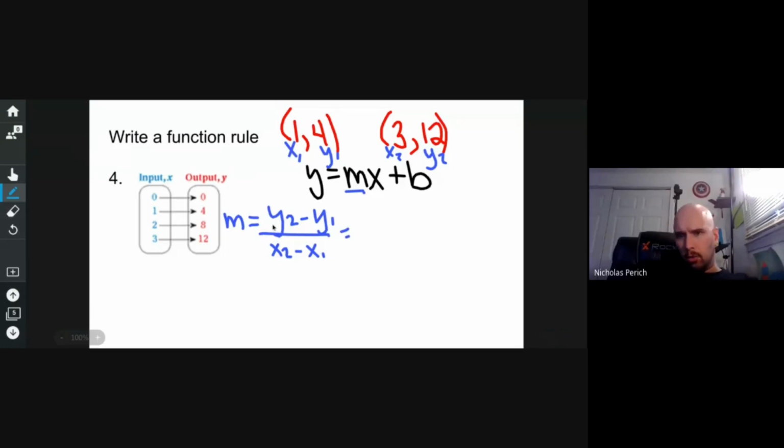Instead of y sub 2, I have 12, minus, instead of y sub 1, I have 4, over, instead of x sub 2, I have 3, minus, instead of x sub 1, I have 1. 12 minus 4 is 8. 3 minus 1 is 2.